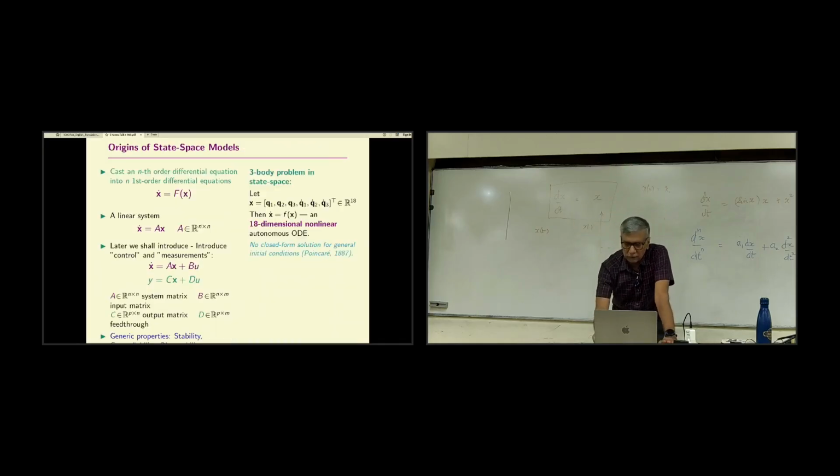It's in 3 dimensions, right? But most of us see systems like this, x dot equals ax, which is the state space version. But we also see control, which enters the equation, and measurements, which is y. So many of you may have seen this, the state space model and the measurement equation.